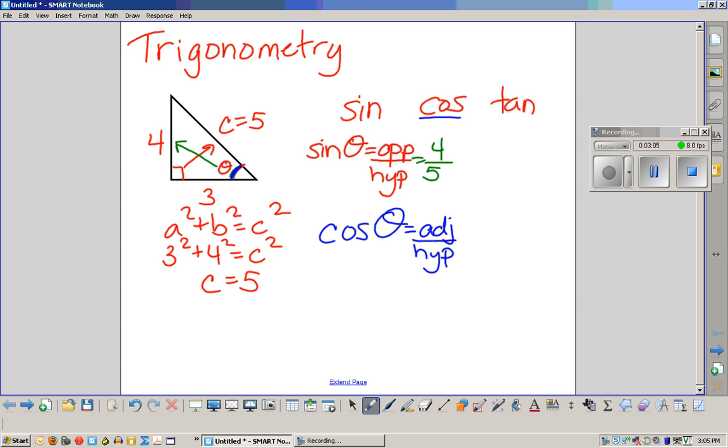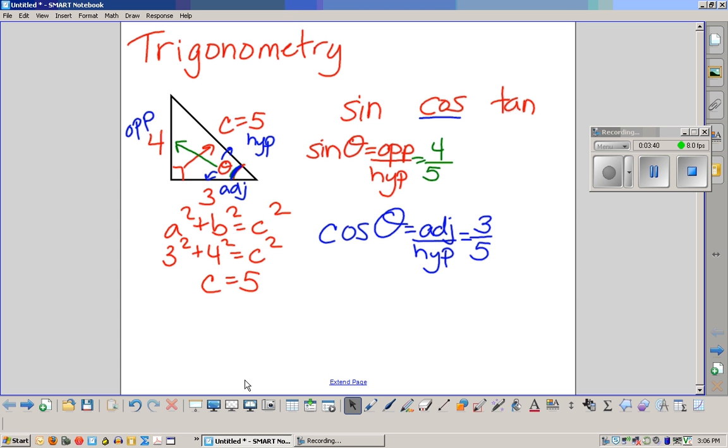The hypotenuse cannot be adjacent, because the hypotenuse is the hypotenuse, but we have this side here, which is our adjacent side. The opposite is over here, and cosine is adjacent over hypotenuse. Substituting in my lengths, the adjacent side is 3 and the hypotenuse is 5. So the cosine of theta is 3 to 5.